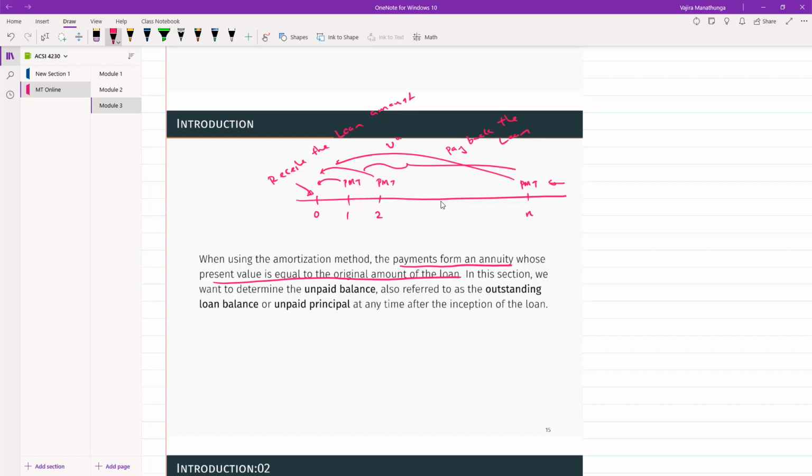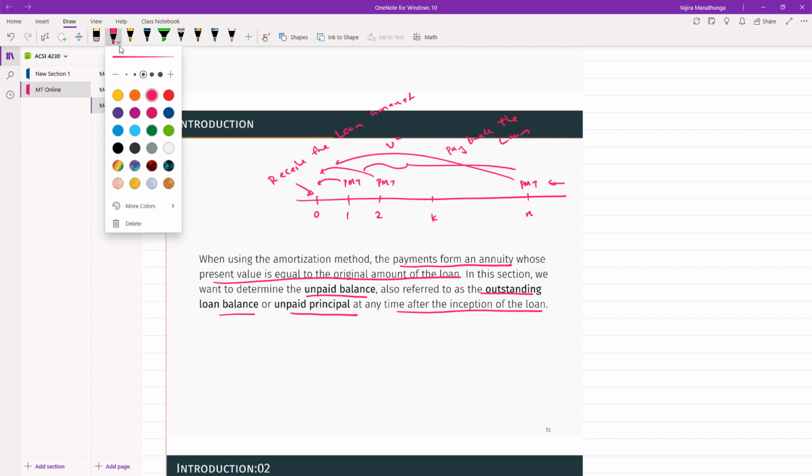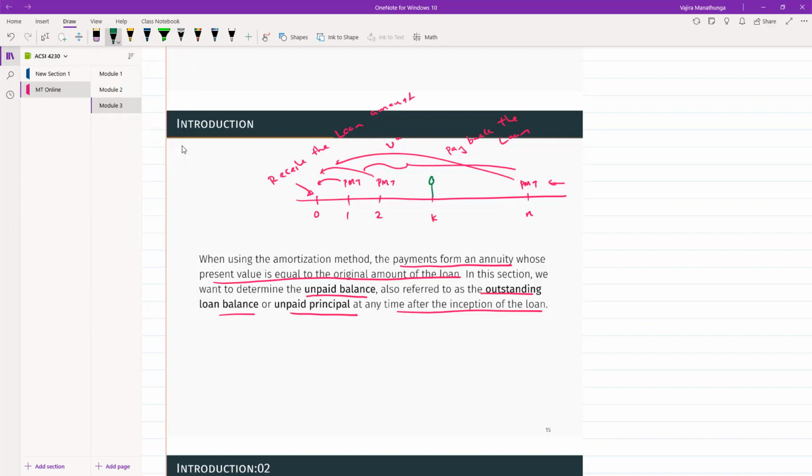So in this section, we want to determine the unpaid balance, or outstanding loan balance, or unpaid principal at any time after the inception of the loan. So let's say I come somewhere like here, K, and then let me use a different color. At this point, maybe I want to pay off the loan and I want to know how much I am owed.